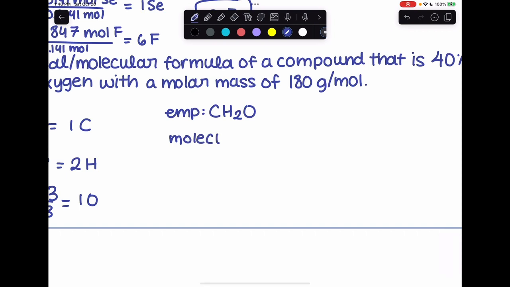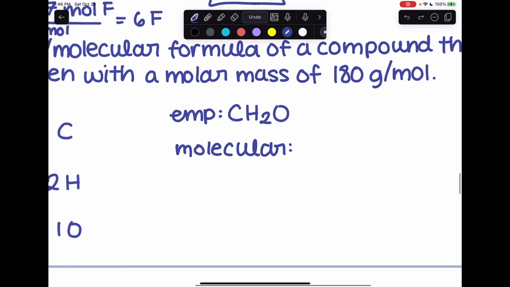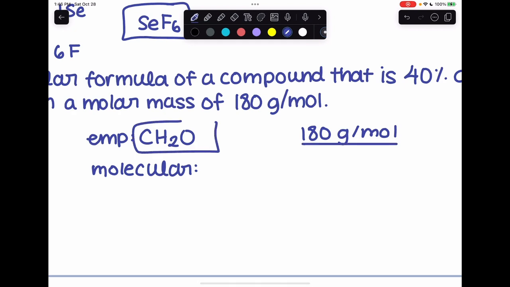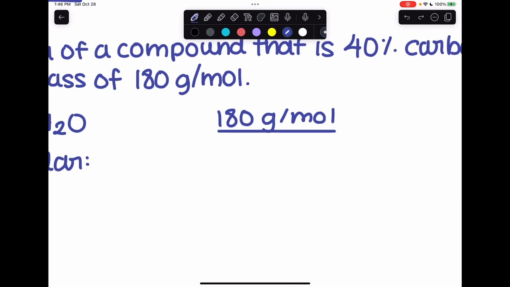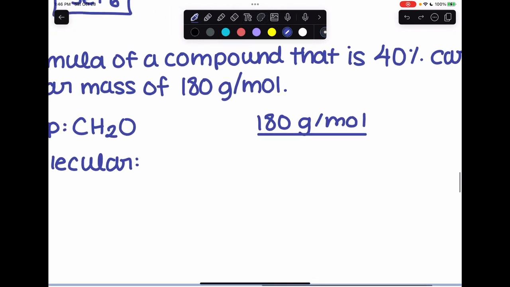Basically, for the molecular formula, we need the full version of this, all right? So we're gonna take this molar mass that they give us, 180 grams per mole, and divide it by the formula mass of the empirical compound. And this actually makes sense because this will give us the number we need to multiply the empirical formula by to get the molecular formula.